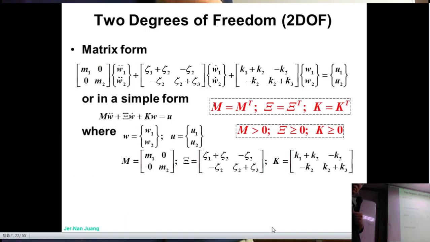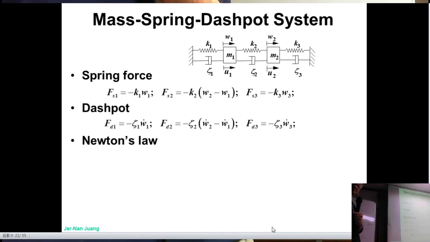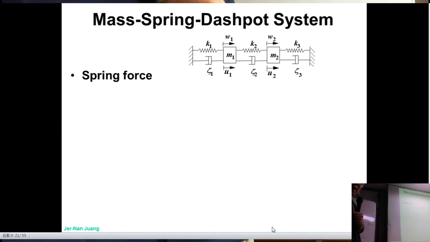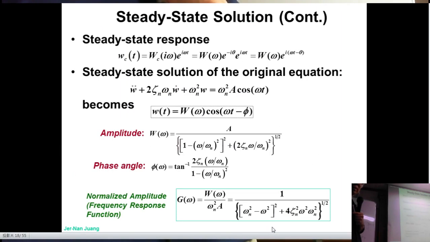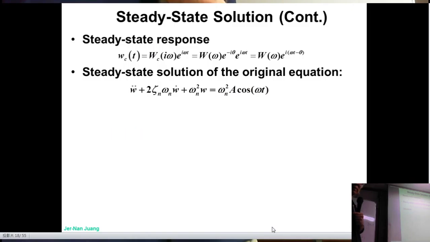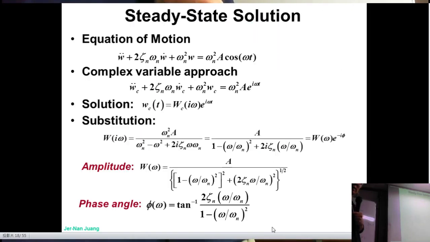This is 2 degrees of freedom, and you go back to 1 degree of freedom. That's the message why we want to transform to the modal coordinate, because that's like this. That's 1 degree of freedom. Agree? Do you think this is almost the same thing as your Q? Q1 looks like this form, Q2 looks like this form, right?